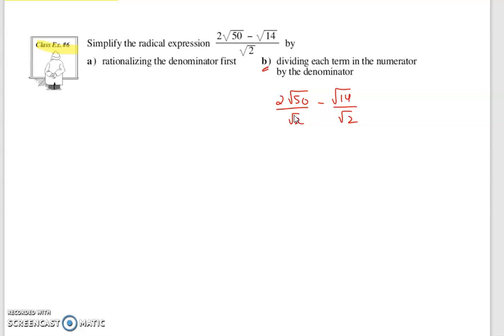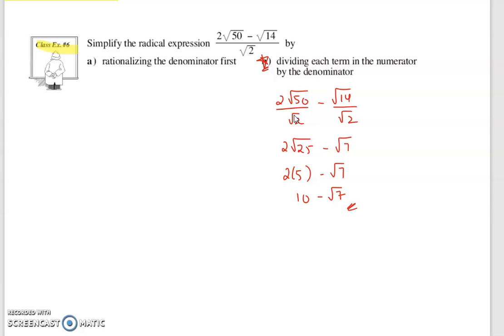And again, this will only work because root 2 can divide them very nicely. Because this 2 can divide out both numerators evenly, that's the only time this method would work. So this was pretty good.